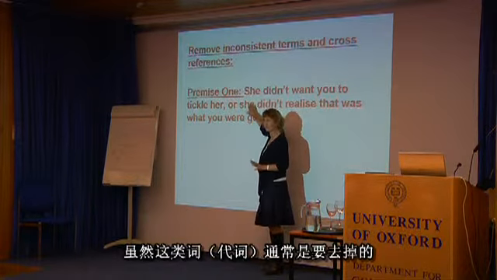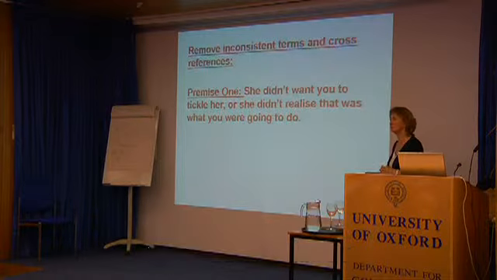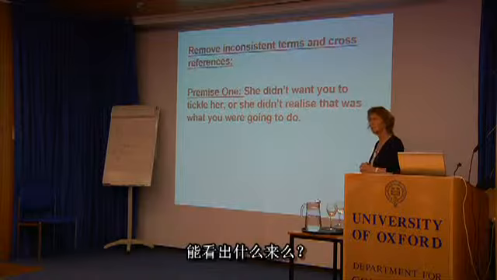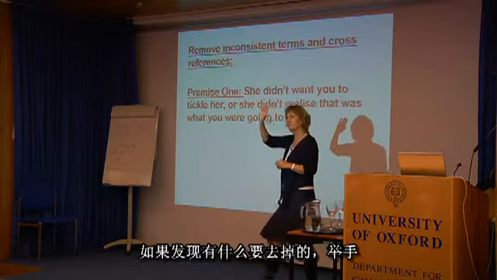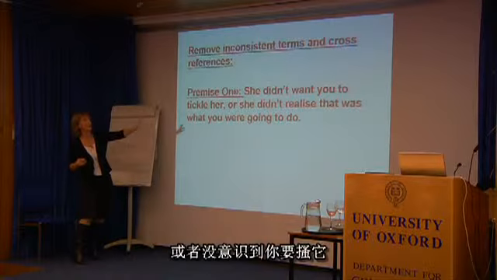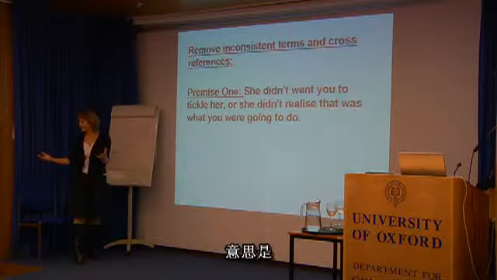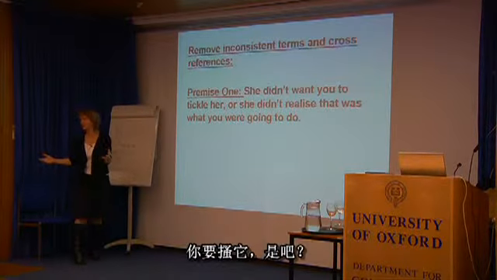Okay? So, she didn't want you to tickle her, or she didn't realise that's what you were going to do. Put up your hand if you see something that you'd like to remove. "She didn't want you to tickle her, or she didn't realise you were going to tickle her." "That was what you were going to do" stands in for "you were going to tickle her," doesn't it?